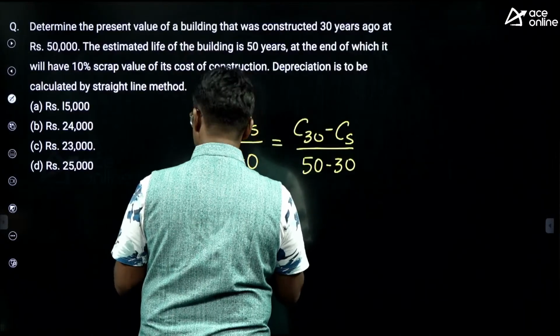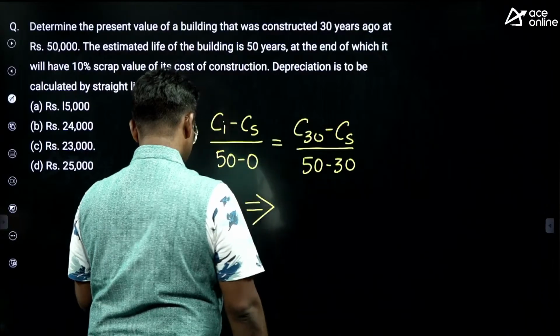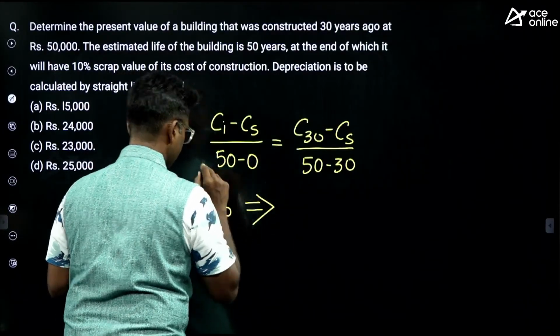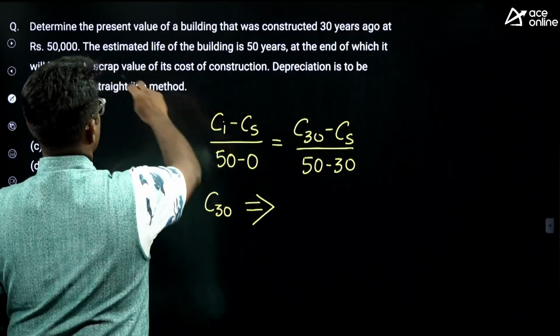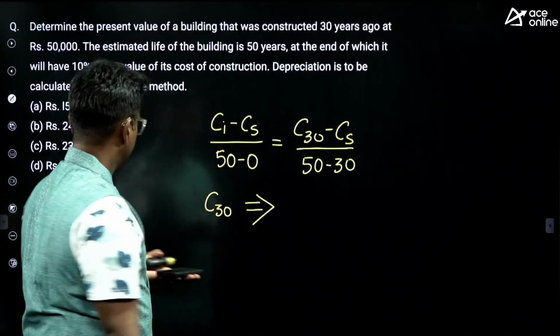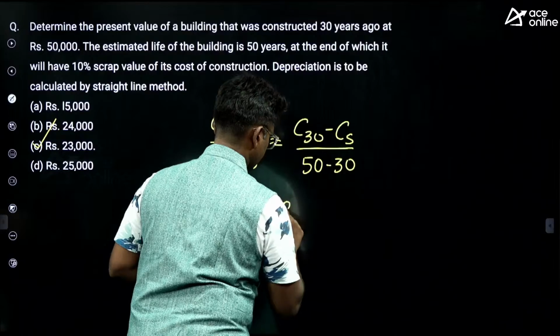What are we calculating? प्रेजेंट वैल्यू 30 साल के बाद कितना होगा वही तो पूछ रहे हैं वहां पे. ठीक है, that is around 23,000.